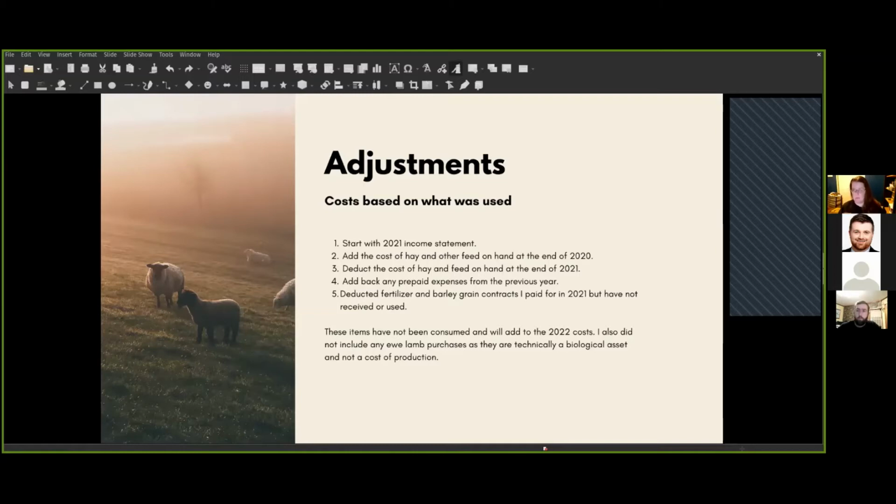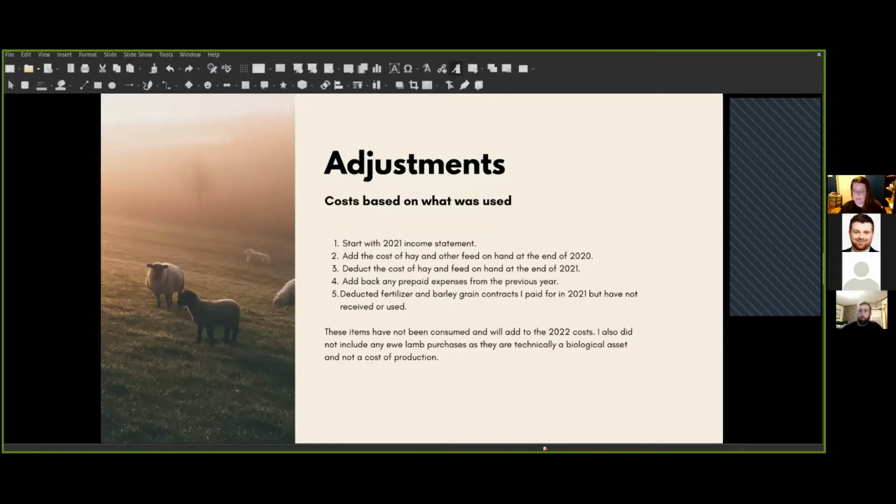So I removed the cost of that contract because we haven't fed all of it. We haven't even bought all of it. And I did also take out any other prepaid expenses. So there's a bunch of 2022 fertilizer costs and stuff that we all had to pay in December. That all got removed because we haven't received those items. We haven't used them. That cost counts, to me, towards 2022.